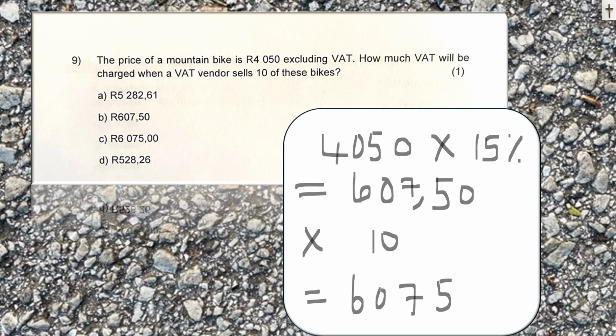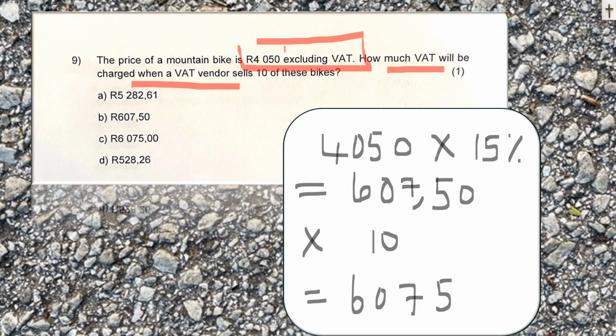Next one. The price of a mountain bike is 4,500 Rand, excluding VAT. How much VAT will be charged when a VAT vendor sells 10 of these bikes? So let's have a look. We've got 4,050 Rand excluding VAT.